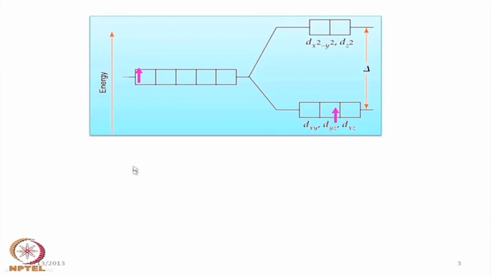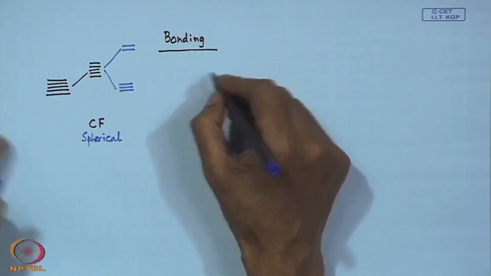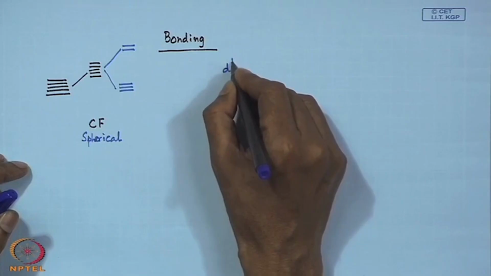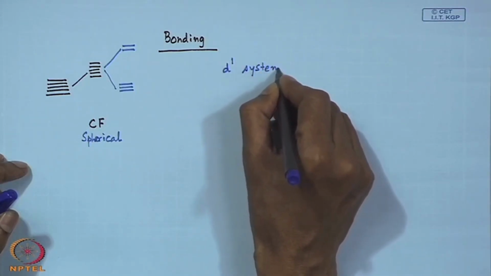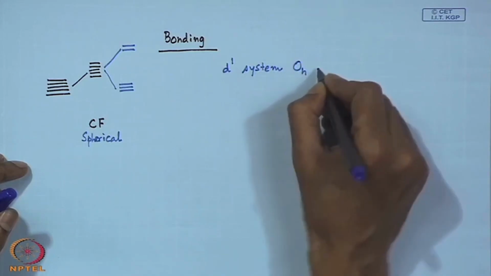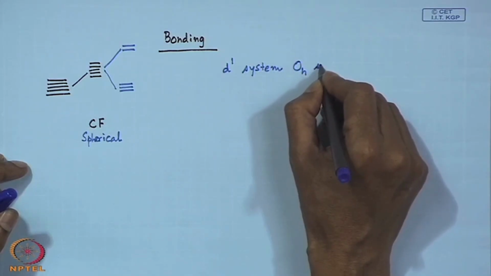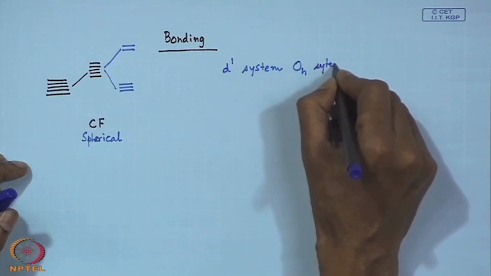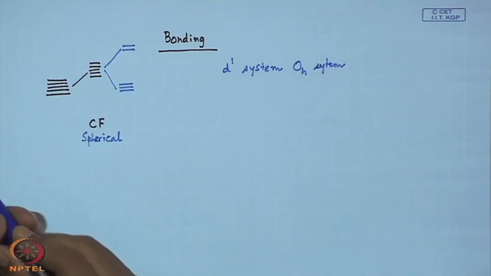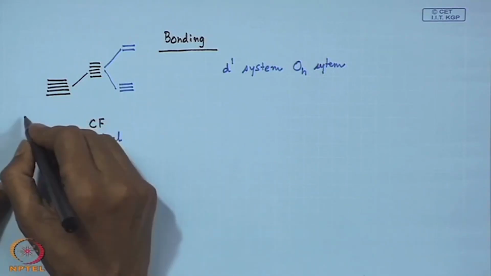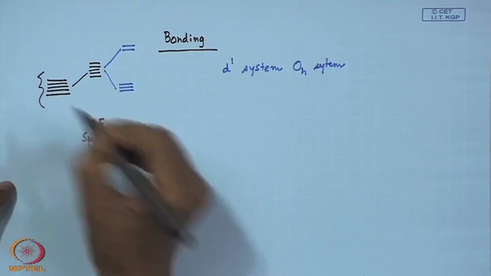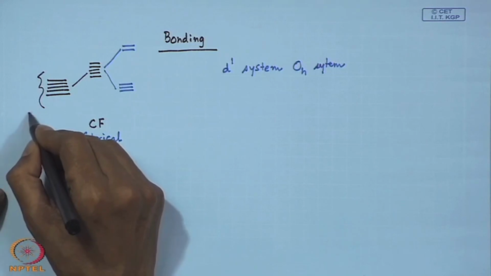So, for a d1 system in an octahedral field, what we find is that overall we have all the 5 d orbitals.